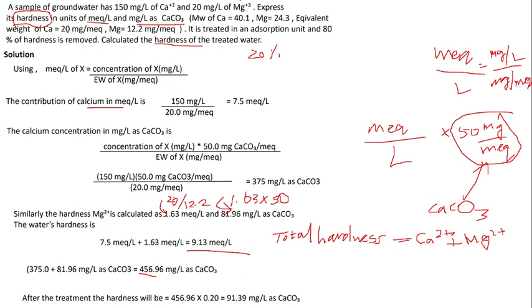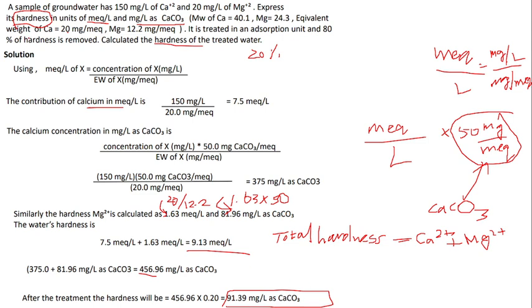Now 80% is removed, 20% is left. How much is 20% of the total hardness? Multiply it with 0.2. So after treatment, the water hardness is 456.96 times 0.2, which gives 91.39 mg per liter. This is the amount of hardness present in the treated water.